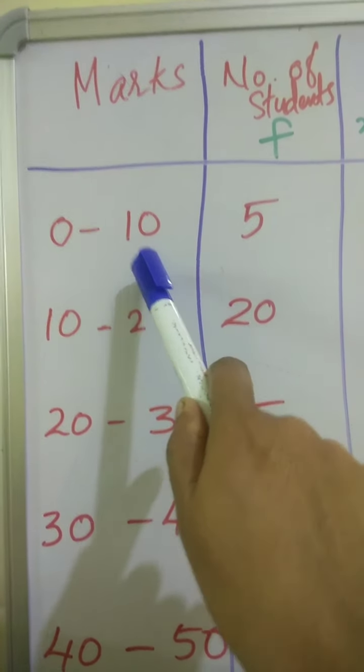We want to find out the sigma of f d dash x, sigma of f dx, sigma of fx, and we need sigma of f also. This is the f column, the frequency, and we need the total number. So after calculating all this, you will get the answer.